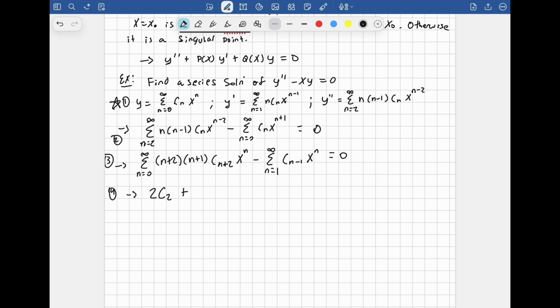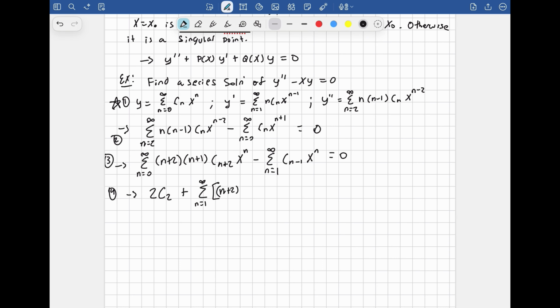Plus, and I'm going to put both of these into one summation to make this nice and simple, since both the indices now start at 1 since we ran off the first term. I'm also going to pull out the x to the n.